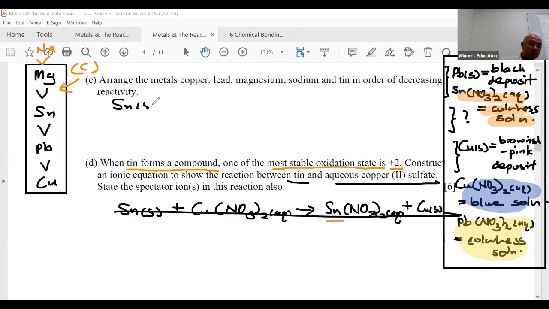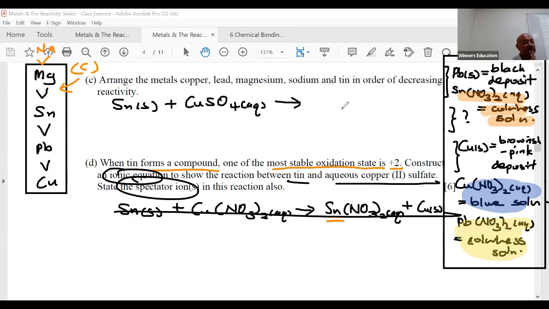So here we go. To do an ionic equation and to state the spectator ion, you must first have the balanced chemical equation. Right? Tin and copper sulfate. So you form tin 2 plus, and therefore this is the salt, and copper is the other. Make sure it's balanced. All right, those that know how to do ionic equations, I taught this in Sec 3.